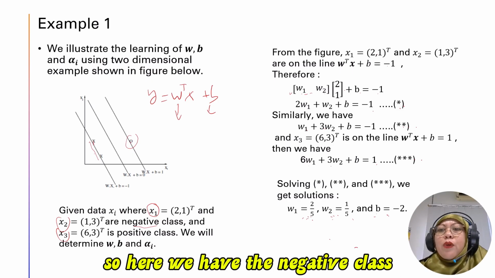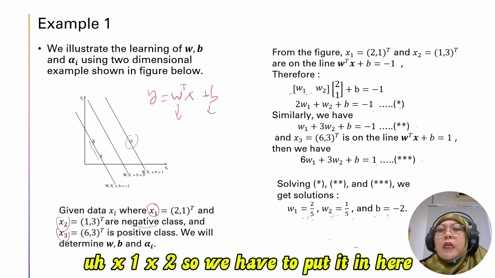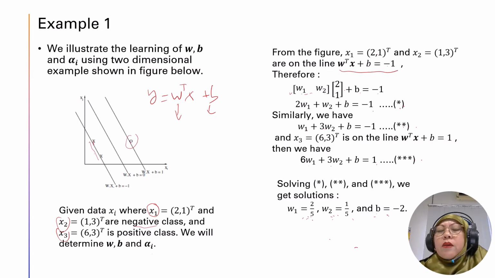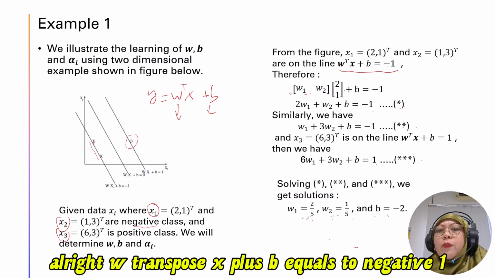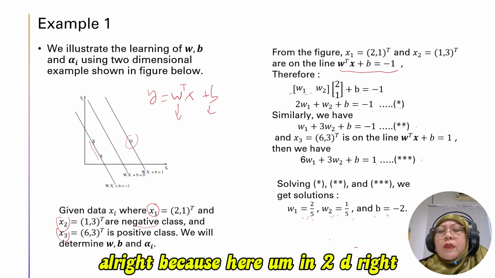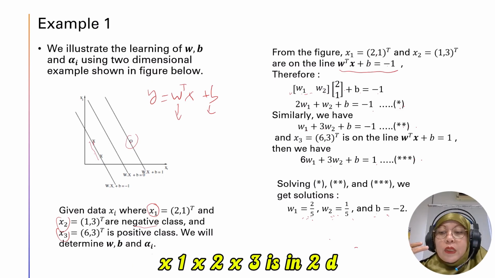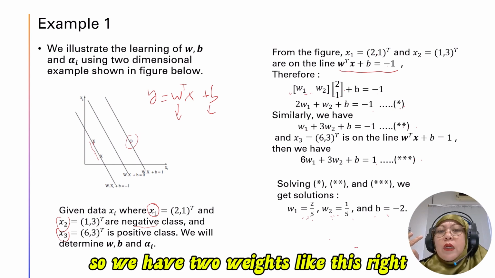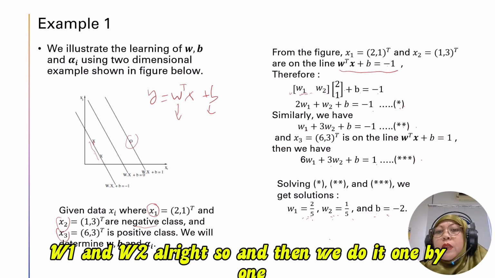Here we have the negative class x1, x2, so we put in W transpose X plus B equals -1. Because x1, x2, x3 are in 2D, we have two weights, W1 and W2. Then we do it one by one.